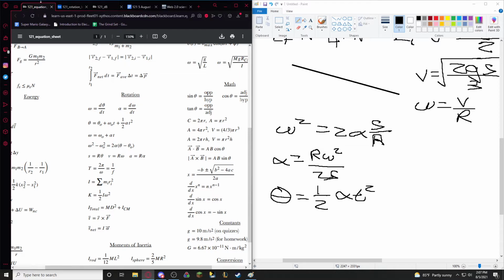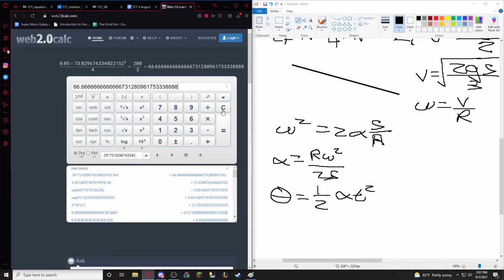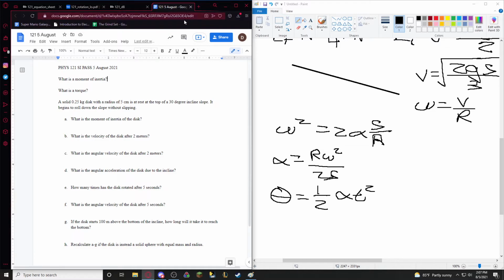Exactly. Just divide by 2 pi. And we could go ahead and calculate a value. Squared, divided by 2, divided by 2 pi. So the disk is going to have rotated almost 133 times after rolling for 5 seconds. That's a lot of rotating. That thing's spinning real fast.